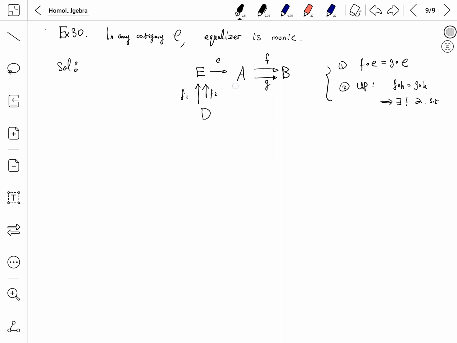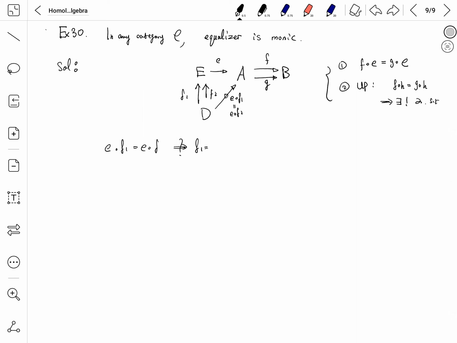Let's call this composition E compose F, that is E composed with F1 and also E composed with F2. And so now the question is, if E compose F1 equals E compose F2, does this imply F1 equals F2?